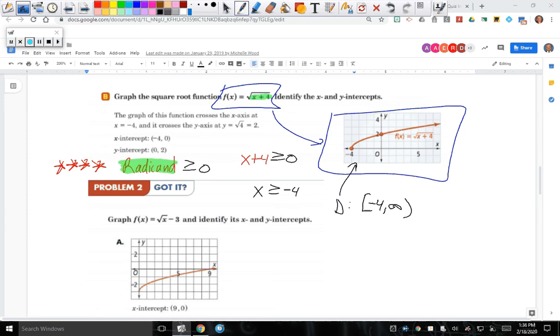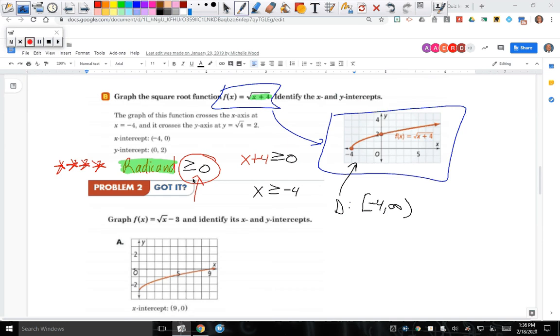Why does this only work with square roots? Why do you think this only works with square roots? It's when the x is what? It's when it's with the x for sure, but we're setting it greater than or equal to 0 because I cannot take the square root of what?